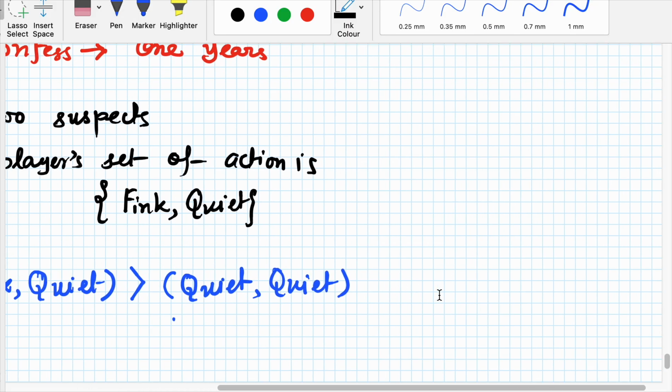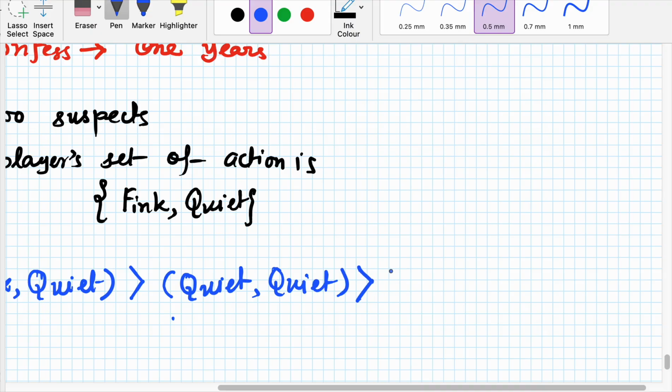Then they will prefer the outcome that both of them confess, because in this situation they will be punished for 3 years.